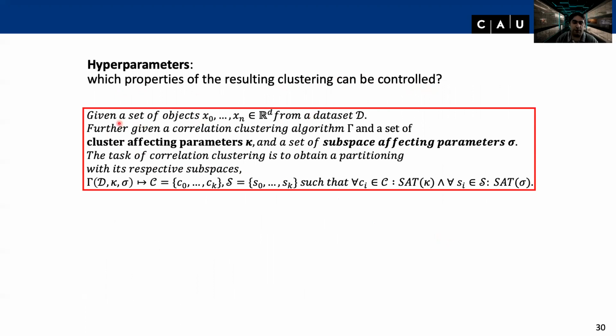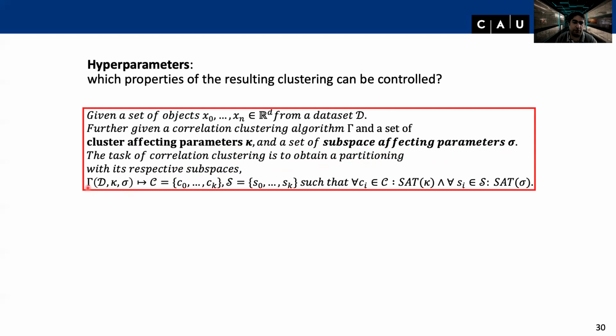And for this, we have this formalization that we are given a set of objects from a data set, D. Further, we are given a correlation clustering algorithm, gamma, a set of cluster affecting parameters, kappa, and a set of subspace affecting parameters, sigma. So now this is a hyperparameter focused view on the correlation clustering task. It is to obtain a partitioning, a clustering with its respective subspaces.